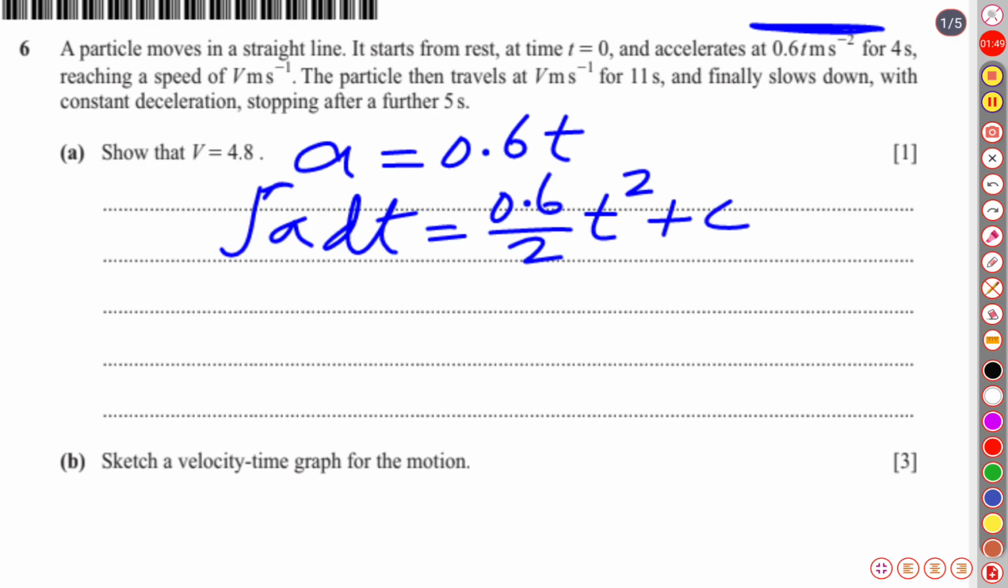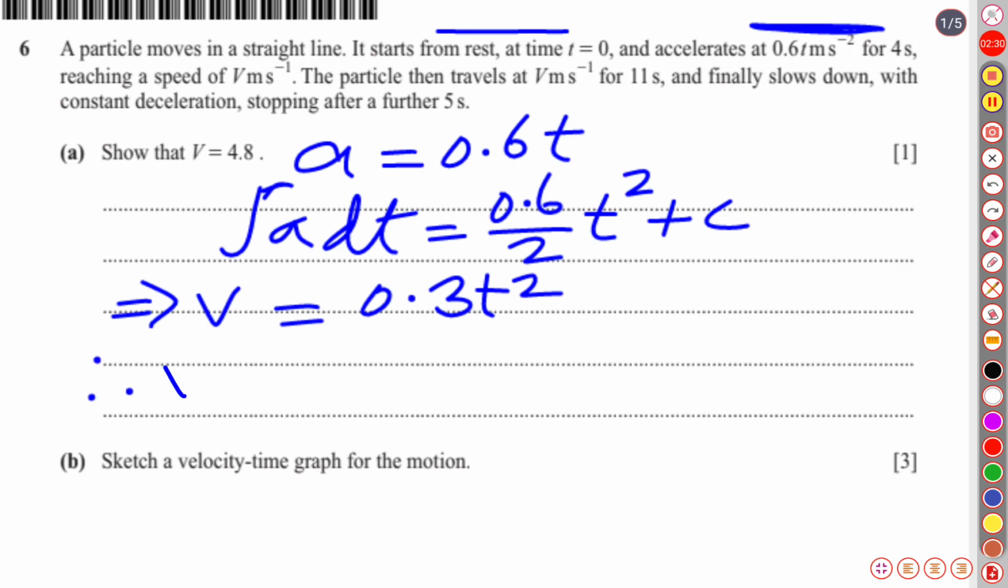Since the particle starts from rest, when t is equal to 0, velocity was also 0. That means there is no constant value. Hence the integral of acceleration is our velocity, v is equal to 0.3t squared.